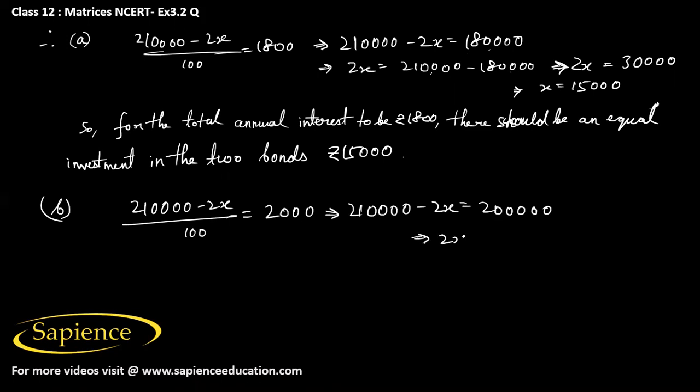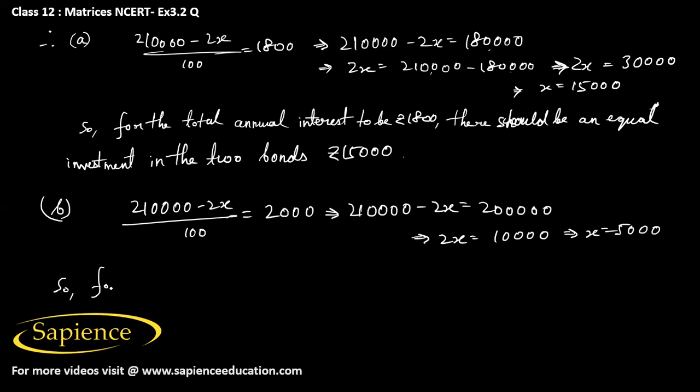So therefore 2x should be equal to 10,000. So therefore x should be equal to 5,000. It means what? It means in the first bond, the investment should be rupees 5,000, and the second bond, the investment should be the remaining 25,000.